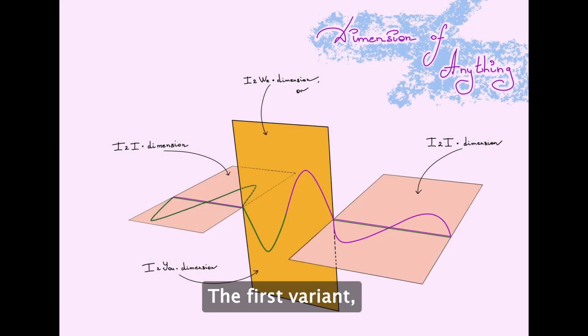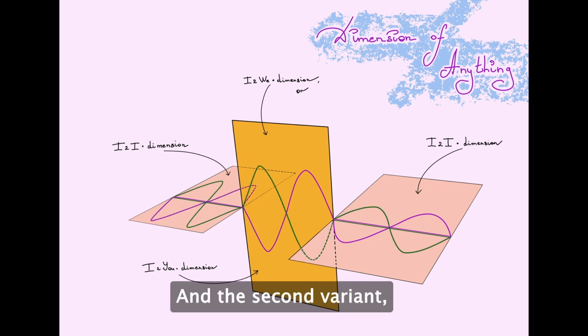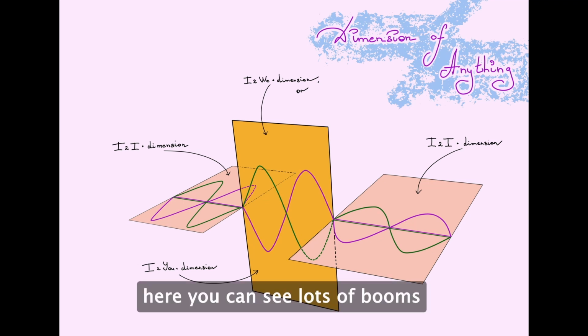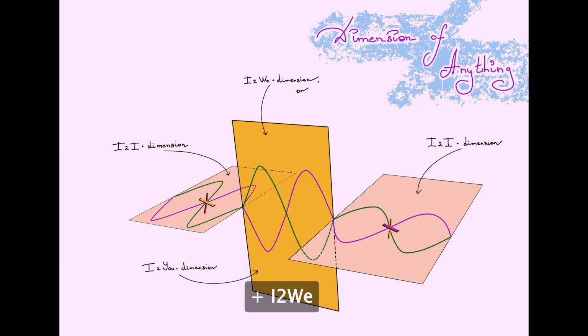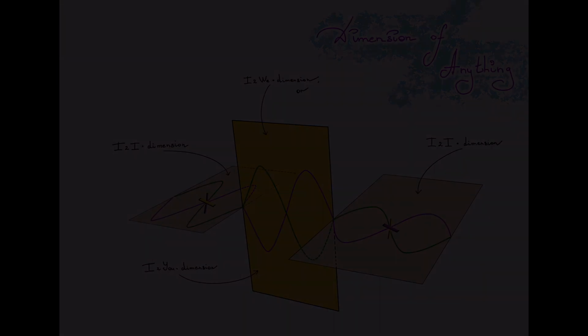The first variant, the line here, is what we have before I to I coming into force. And the second variant, really adorable. Here you can see lots of booms and new possibilities for I to U plus I to we to be.